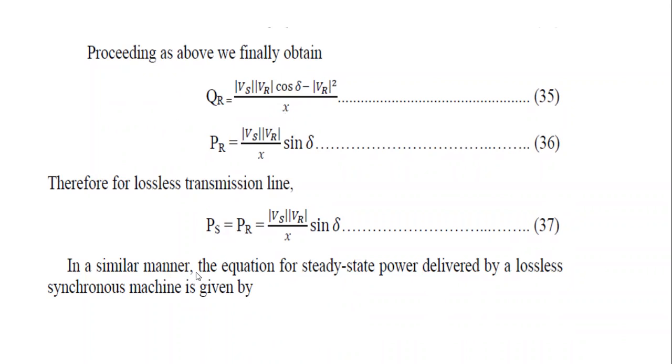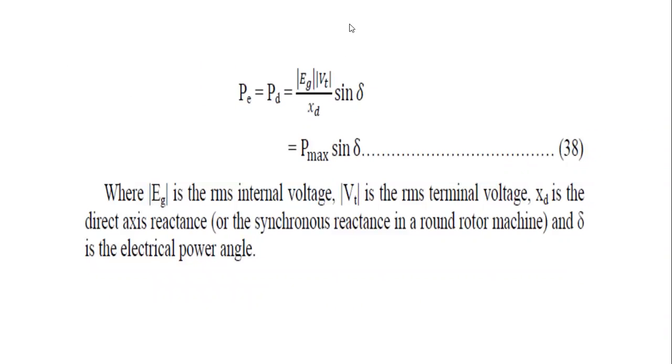In a similar manner, the equation for steady state power delivered by a lossless synchronous machine is P equal to Pd. Normally for a lossless transmission line, the sending end power is equal to the receiving end power.